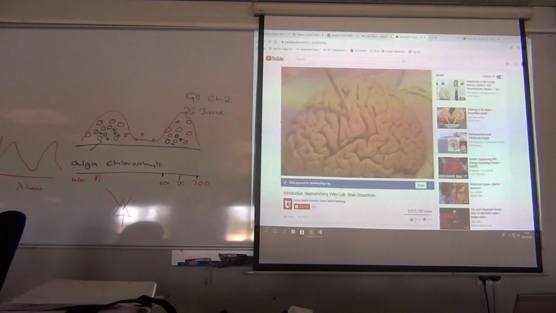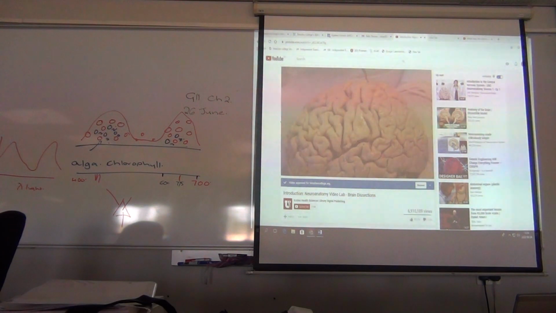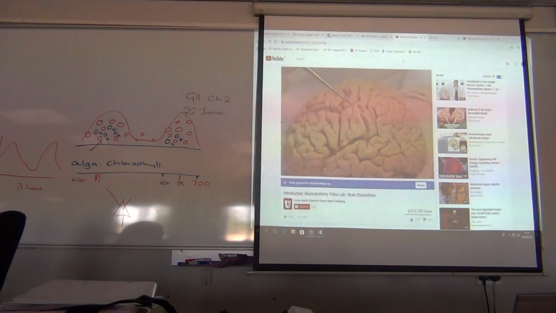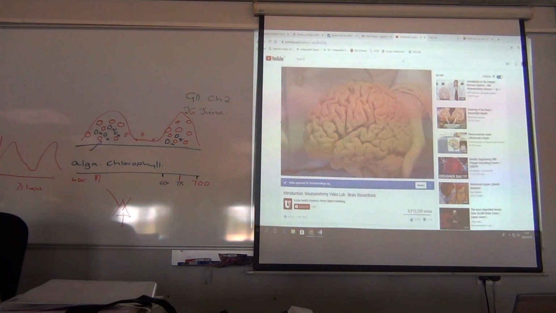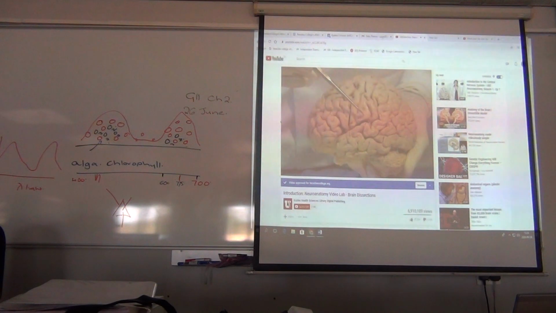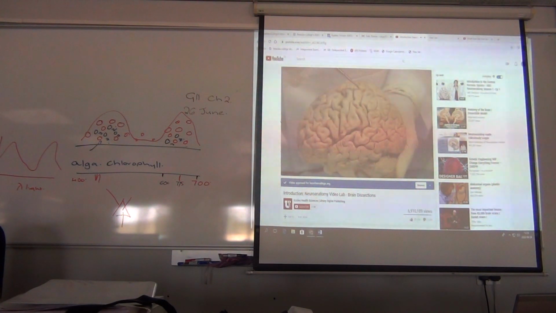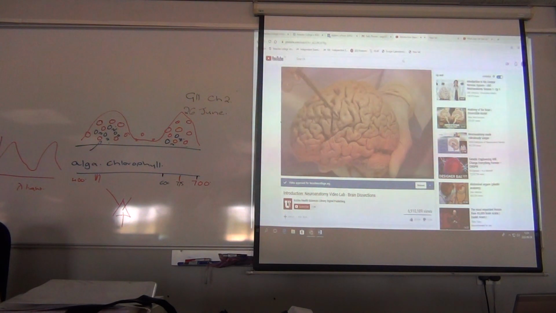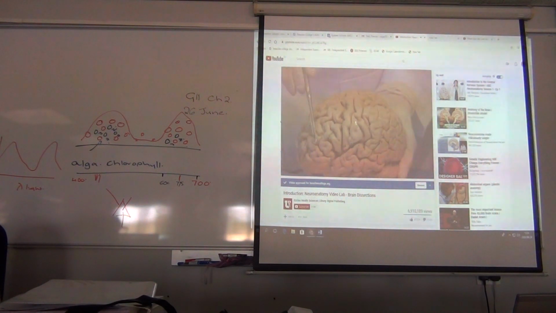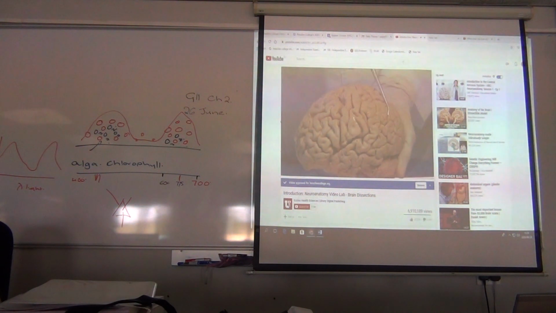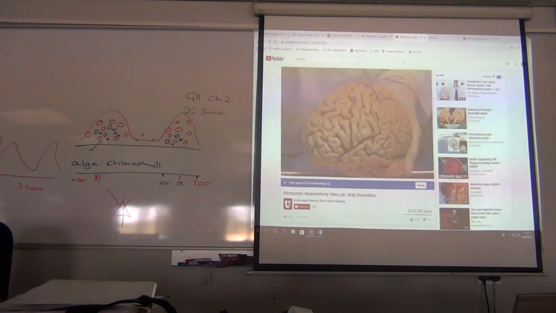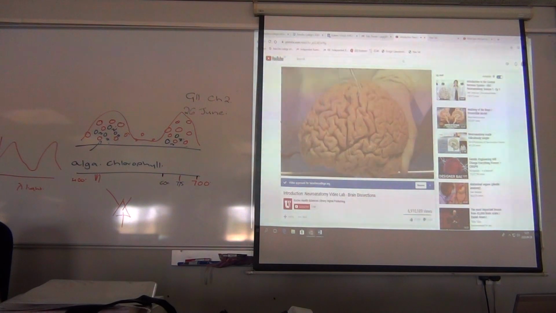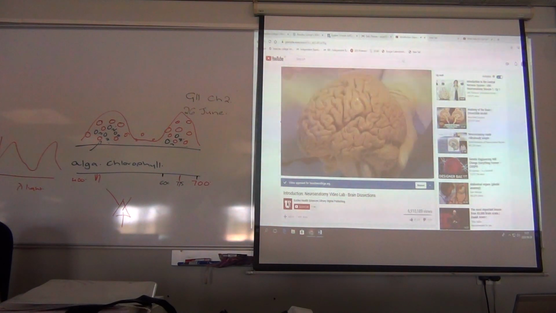And very interestingly, the cortex involved in voluntary movement is in front of the central sulcus, and the cortex involved with primary somatic sensation from your body is the gyrus behind the central sulcus. So this is frontal lobe, this is parietal lobe, this is motor cortex in general, and this is sensory cortex in general. So we're just getting our bearings.